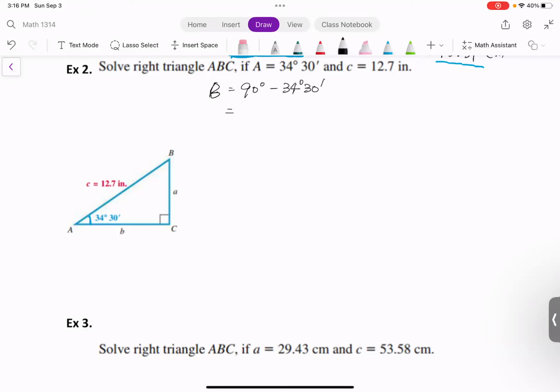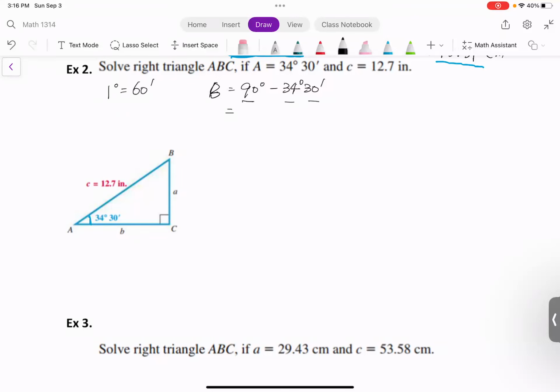So do the subtraction, the degrees minus the degrees and the minutes. I know that in chapter 1 we say degrees subtract degrees, minutes subtract minutes, and seconds minus seconds. But now 90 doesn't have a minutes part. But I know 1 degree equals 60 minutes.